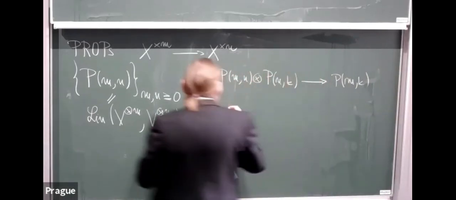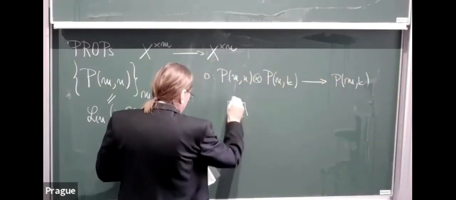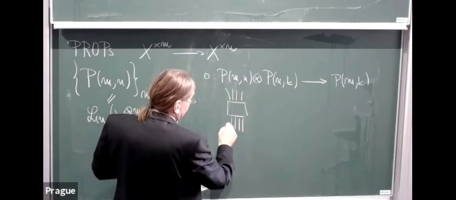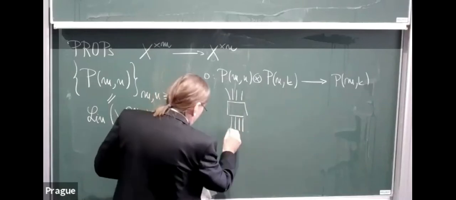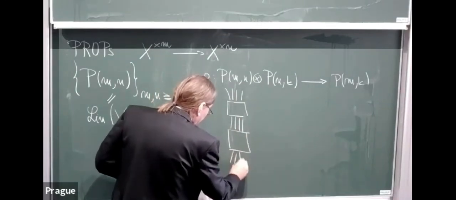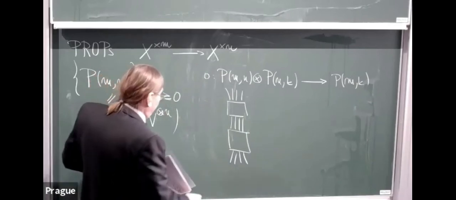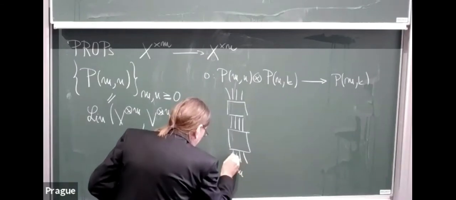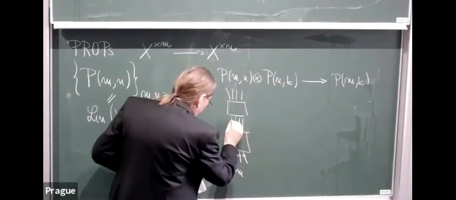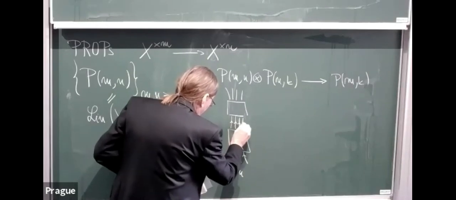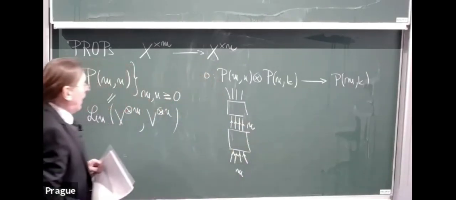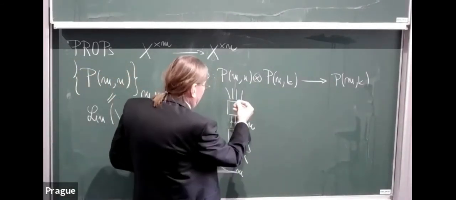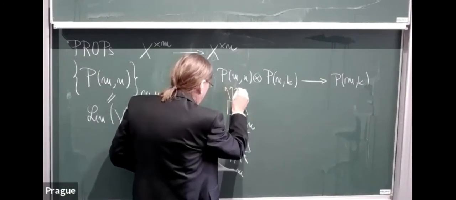The picture is going to be, okay, now I'm drawing it from the bottom up: I have an operation with m inputs, here I have n outputs, and the one above it has also n inputs, and the number of outputs is k.